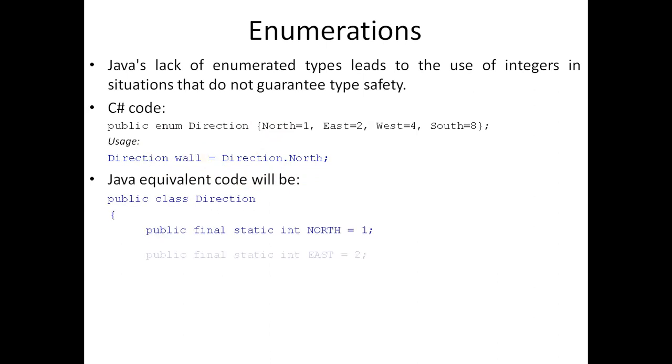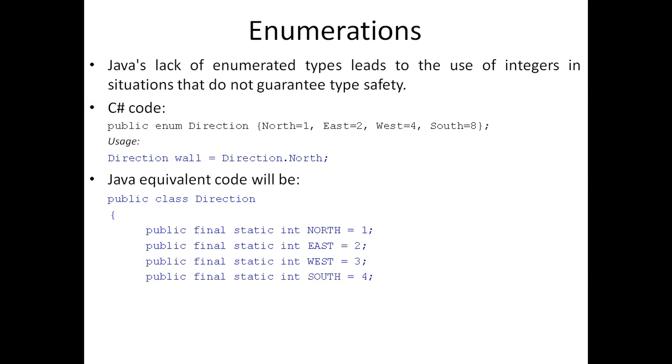And its Java equivalent, you can see here. Suppose we are using the same statement in Java, the same type of function in Java, then we will have to define the class, public class Direction, and inside this class we have public final static integer north equals 1, and second, public final static integer east equals 2, public final static integer west equals 3, then public final static integer south equals 4.